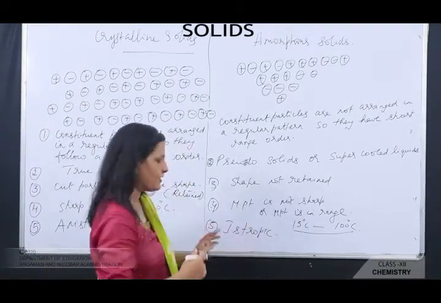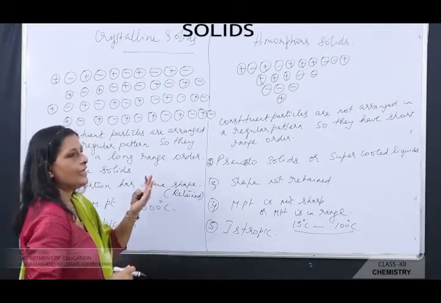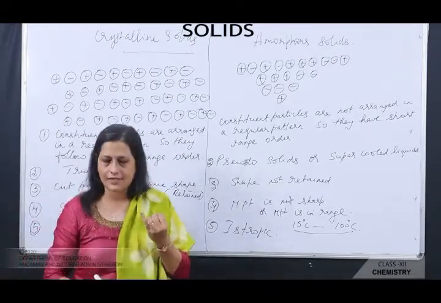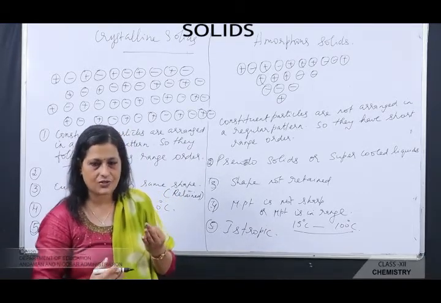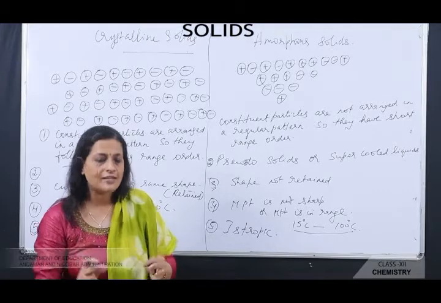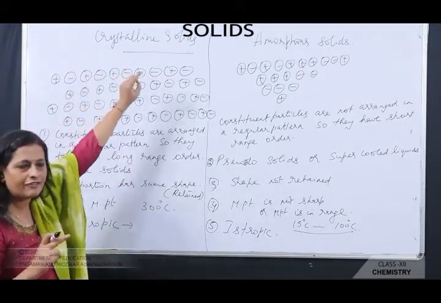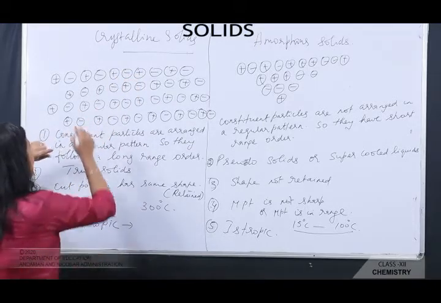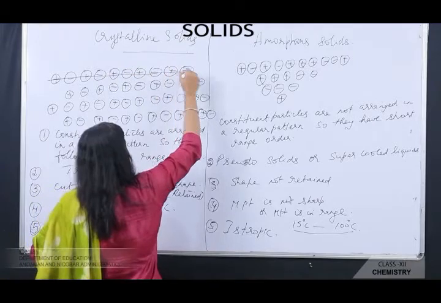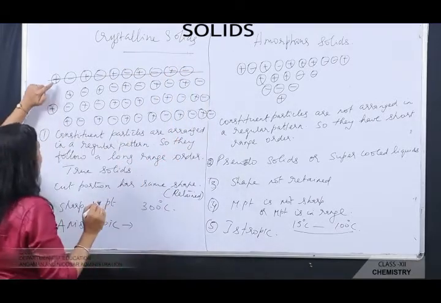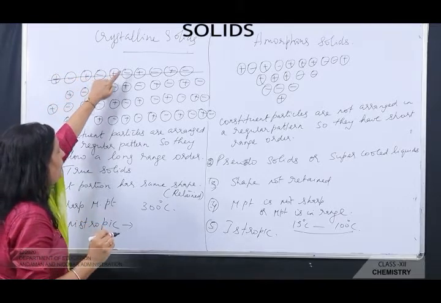Isotropic. What is anisotropic? See, the physical properties like refractive index, which you have studied in physics, then thermal expansion, conductivity, etc. They are different in different directions in case of crystalline solids. Why is it different in different directions? You see here. If you go in this direction, the physical property, say refractive index, is due to what? The cation, anion, cation, anion, cation, anion.